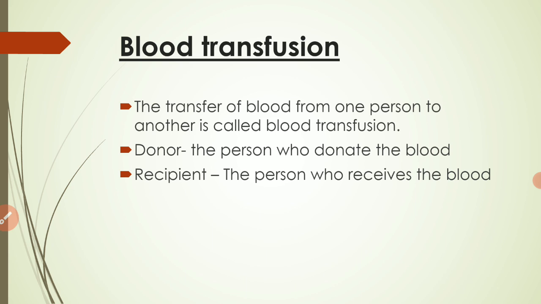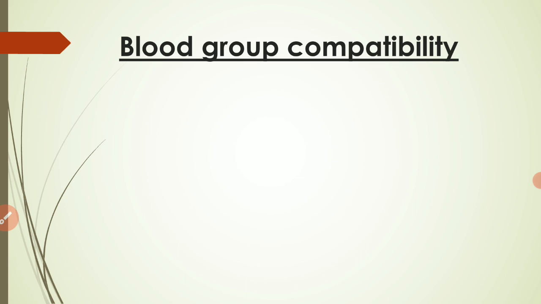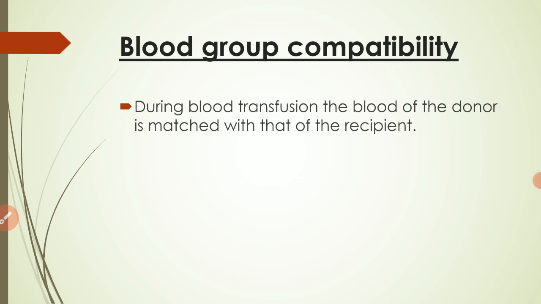Now, during blood transfusion, a very important thing which should be taken care of is blood group compatibility. During blood transfusion, the blood of the donor is matched with that of the recipient. That means it should be the same. If it is incompatible, then what will happen?